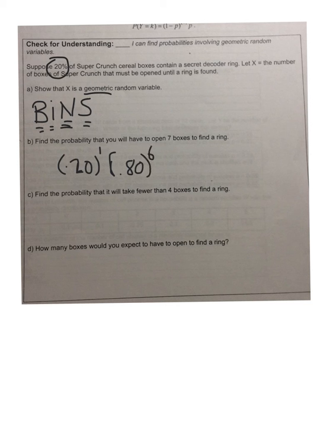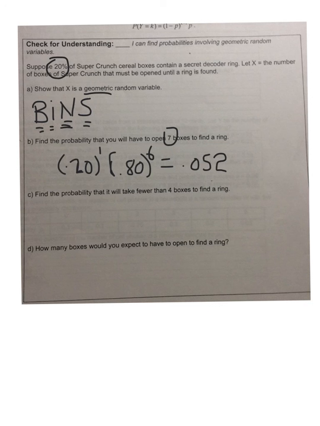Well, 6. 6 times you didn't get a ring, and on the 7th one you got a ring. There you go. That's how you do that. And the probability is, what is it? It's 0.052. So you get about a 5% chance that you would have to open 7 boxes before you found the ring in this situation.